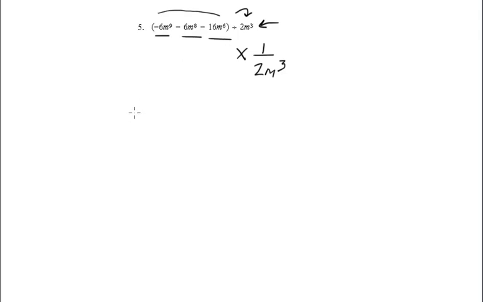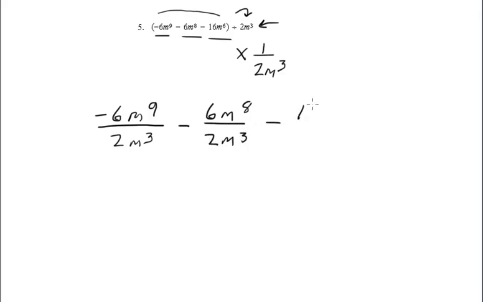So then we can just rewrite that as negative 6m to the 9th over 2m cubed minus 6m to the 8th over 2m cubed minus 16m to the 6th over 2m cubed. Because this right here was being multiplied by each of these, and it goes into the denominator.